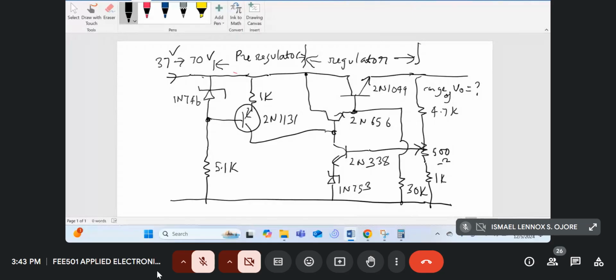Now, if you look at the transistor to the extreme left, you're also told to find the current through the transistors when the output voltage is 30 volts.